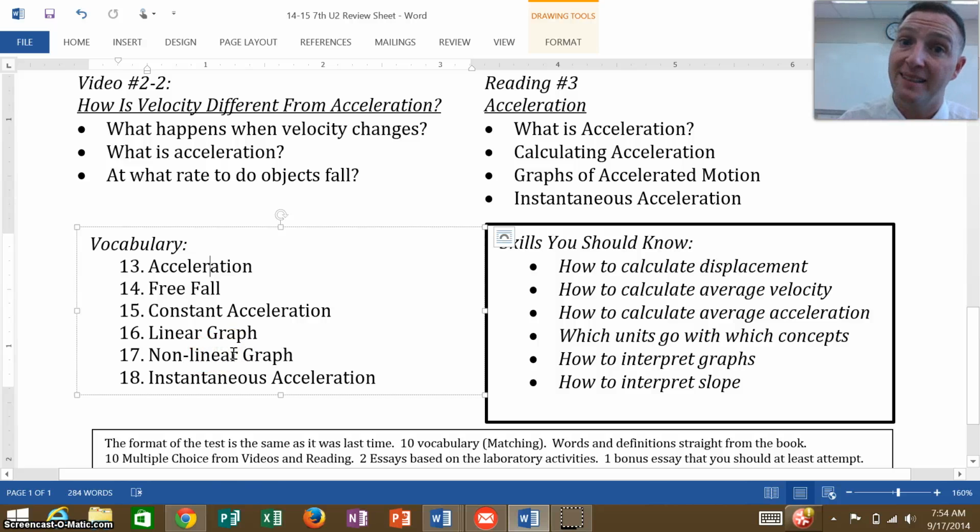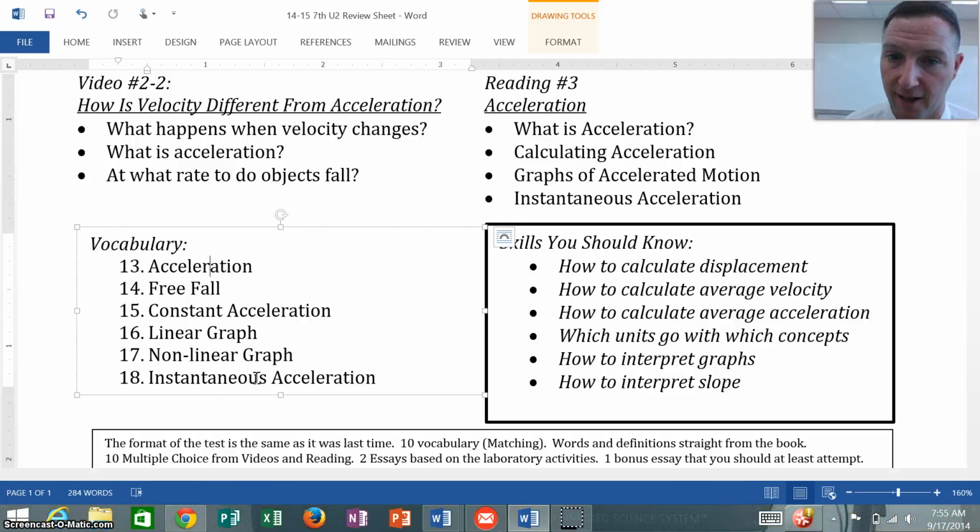On my distance versus time graph, accelerations are going to curve. Remember in the lab, you got that nice S curve to it. When I'm accelerating, I'm going to cover more distance with time, so that line curves. Once again, instantaneous acceleration is acceleration at a moment in time. We don't know how to calculate that yet. Hang on for high school.